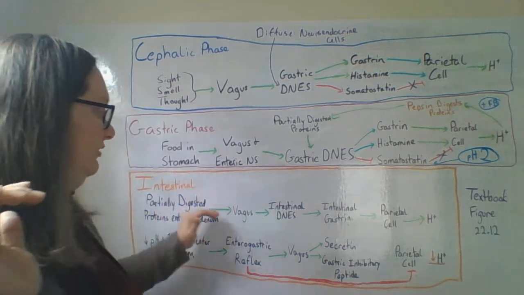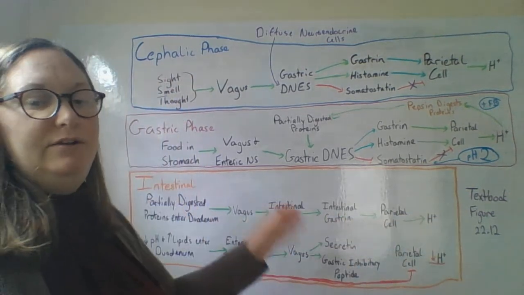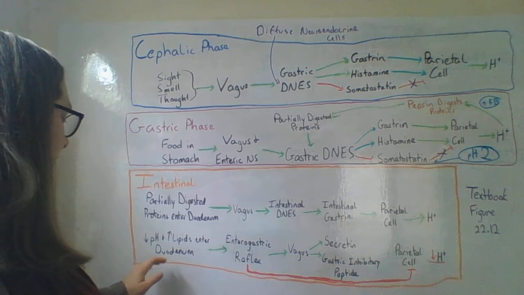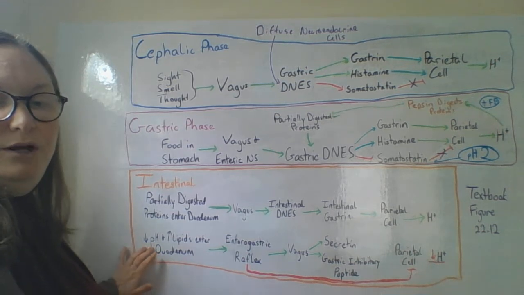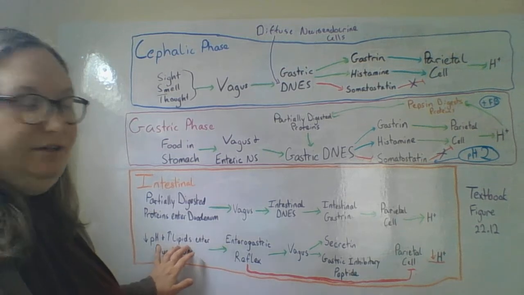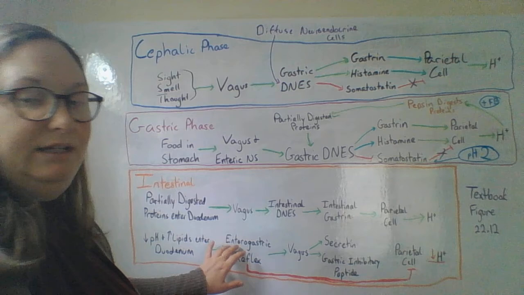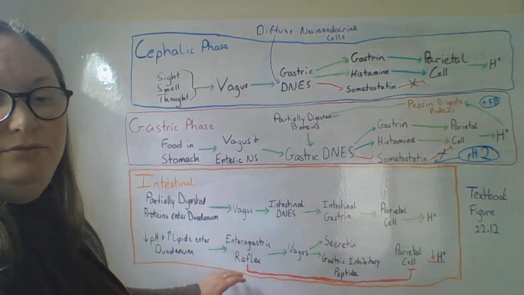Because initially the intestines are like, yeah, keep it up. So initially, look at it, it's all green. It's go, go, go. It says more hydrogen ions. But as the pH in the duodenum starts to decrease and the lipid content starts to increase in the duodenum, here we have the enterogastric reflex.